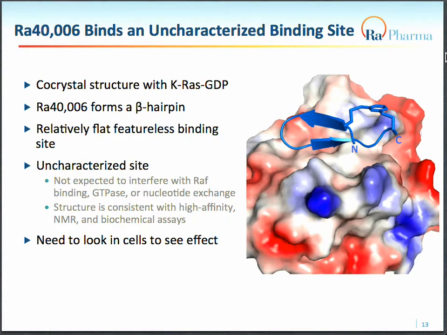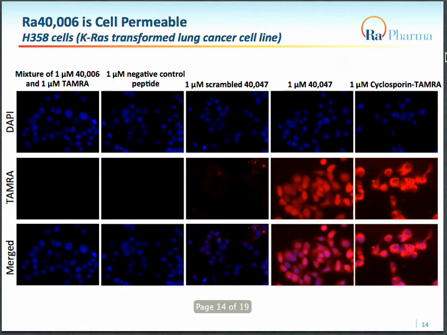We have a crystal structure of this compound as well, and it actually makes a very similar secondary structure, and interestingly, it binds a surface that nobody really knows what it does. So the location of this site is consistent with the biochemical data, and we feel that you really need to be looking in cells to find out if this peptide is able to do anything.